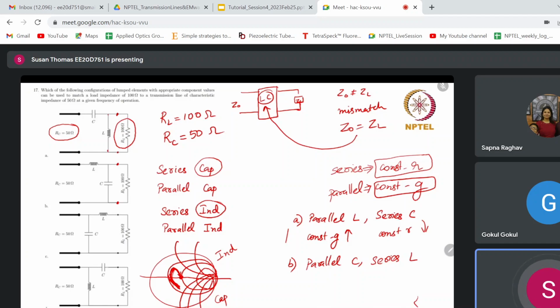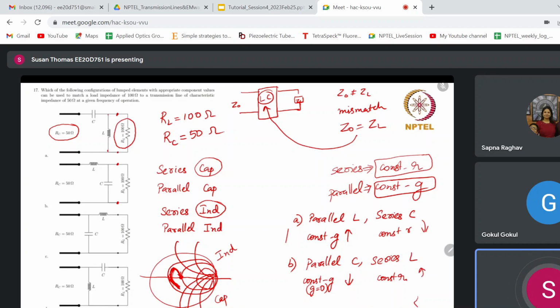So if you connect a parallel capacitor, you move along the constant G circle, or I can say the G equal to 0 circle, and move towards the lower half, and then you move along the constant R circle towards the upper half.